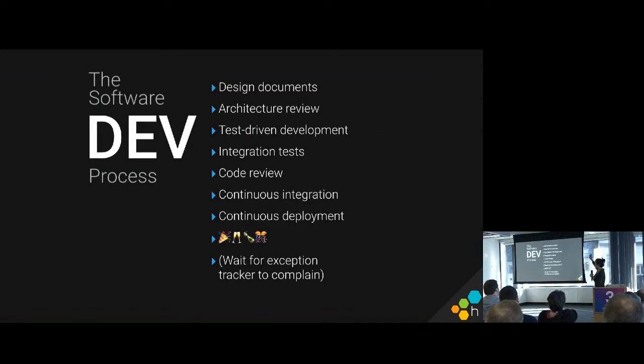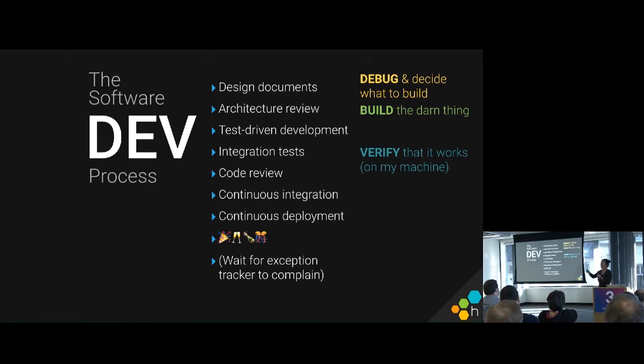So let's take a look again at this checklist and break it down into some more manageable stages. First, we decide what we're building, what we're fixing, what features to add. Then we're figuring out how to build it. Make sure it works on my machine. These are our automated tests, integration tests, unit tests, functional tests, et cetera.